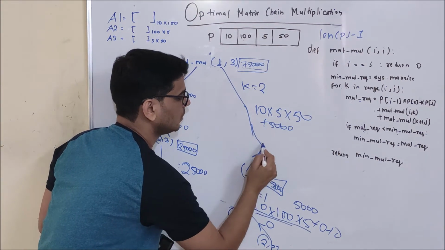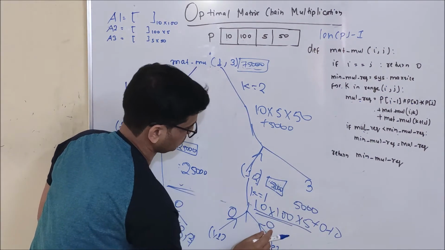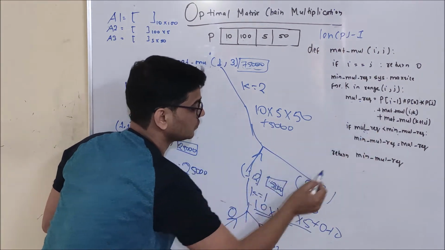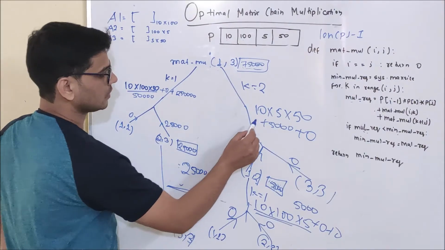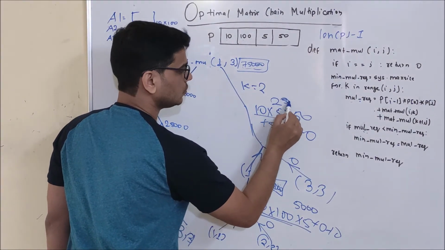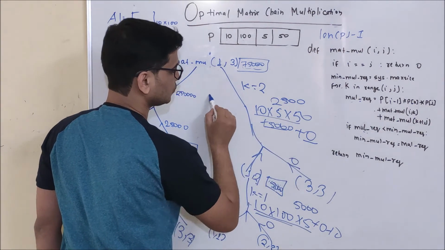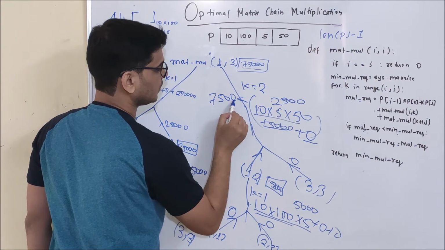Plus 5000. Now it will make a function call to 3, 3, that is k plus 1, j, and it will return 0 from here, so it is 0. Now this one is 2500, this one is 5000, this one is 0, so totally it is 7500.